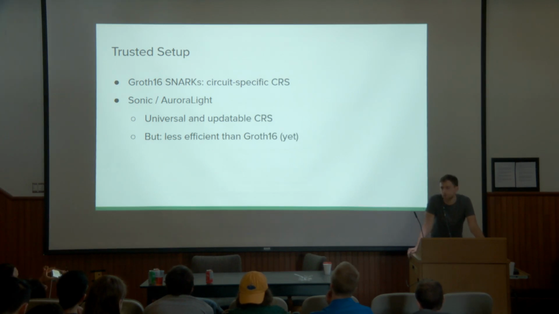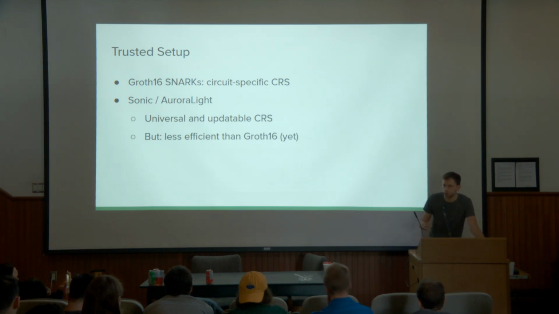Trusted setup. Unfortunately, all this efficiency which we have with Snarks, as opposed to Starks, for example, comes from the fact that we need to do significant pre-computations, which also include something we call trusted setup.